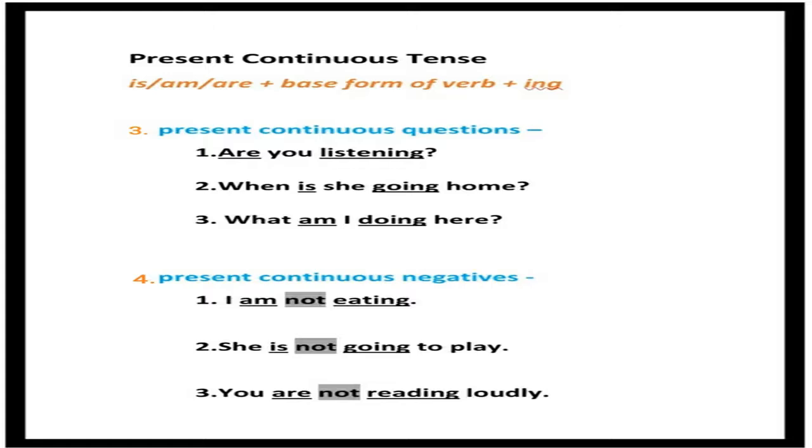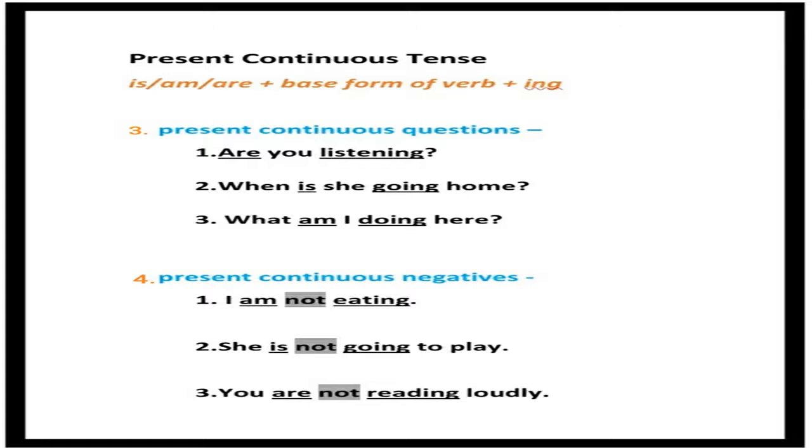The word not I have blocked with pencil. Am eating is your present continuous and the word not is the negation. If I say I am eating, it will be affirmation, but the opposite of affirmation is negation. When we put the word not, none or no, then it becomes a negative format.